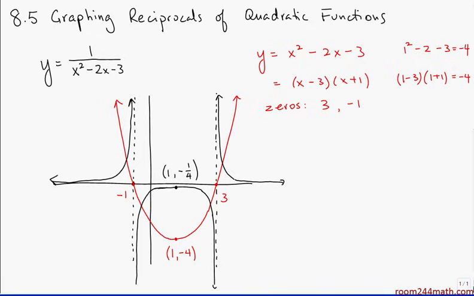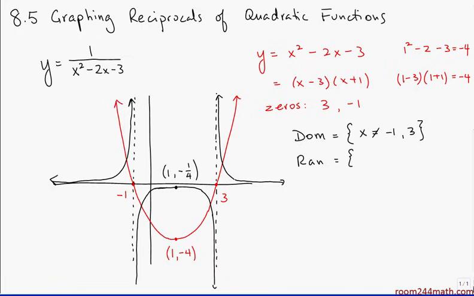So now we've got everything we need to describe the domain and range. The domain of the reciprocal function is all x values except for -1 and 3. The range, well, the branch on the left and the branch on the right start from 0 and go up towards positive infinity.